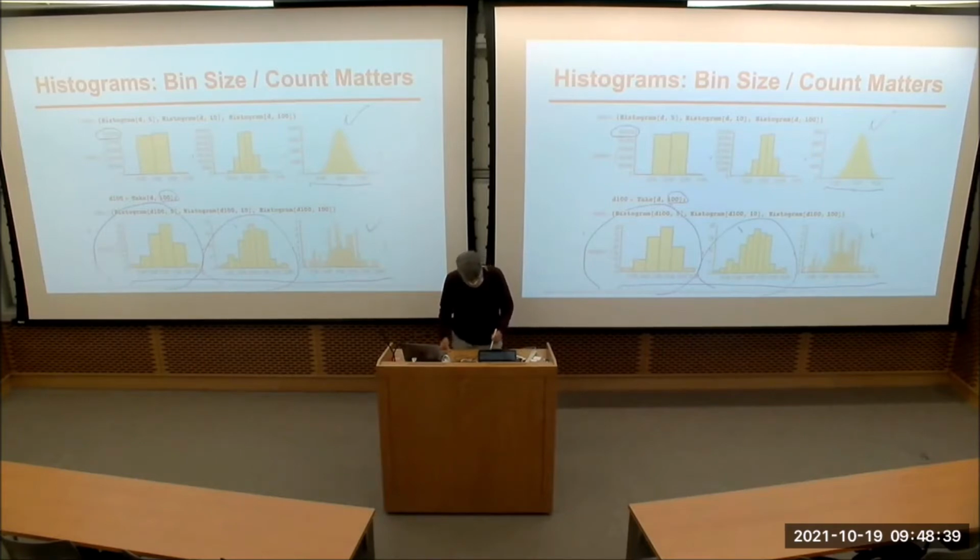Certainly having too many bins on a histogram is bad because you're seeing noise rather than the shape. When you get a lot of points, a lot of bins is good. What is the rule of thumb concerning histogram sizes and bins?